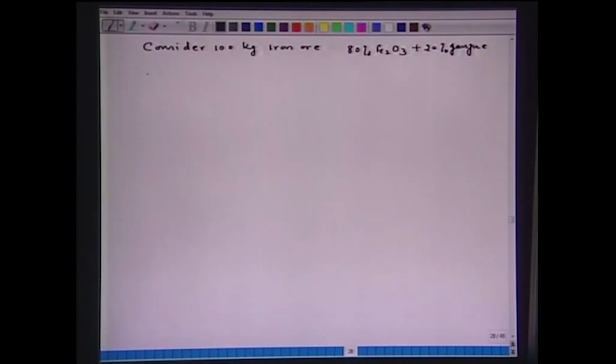So, I carry out now metallization. I produce DRI from this particular iron ore, then I calculate some kg iron, then kg iron which is combined with FeO and kg gangue.